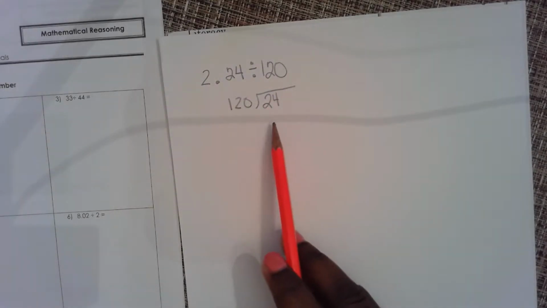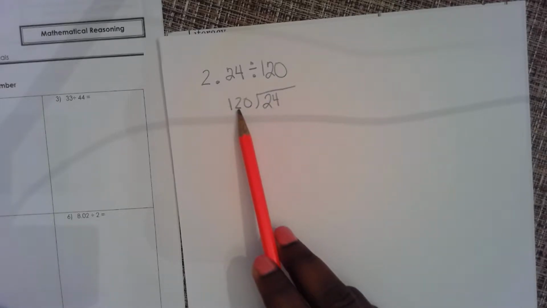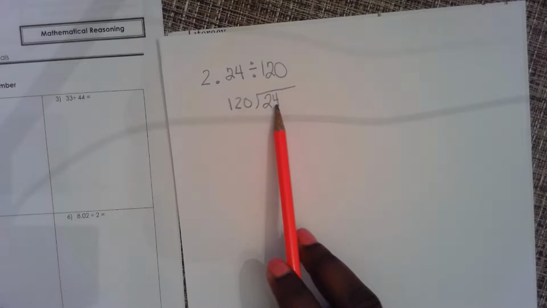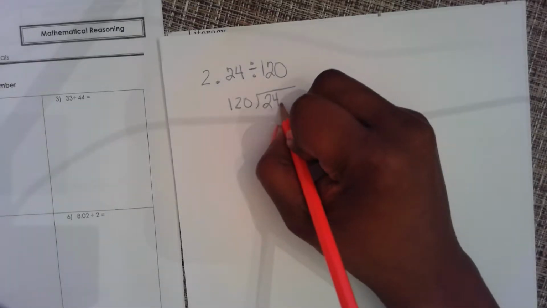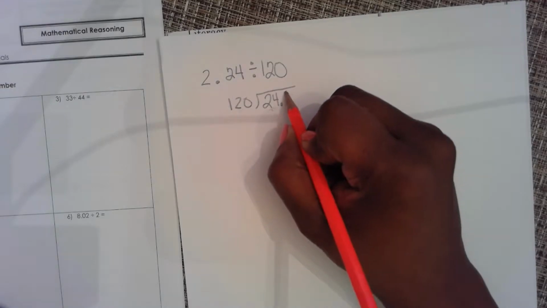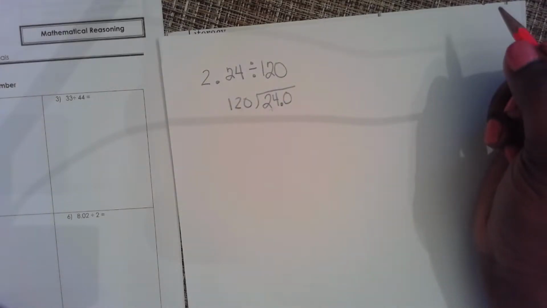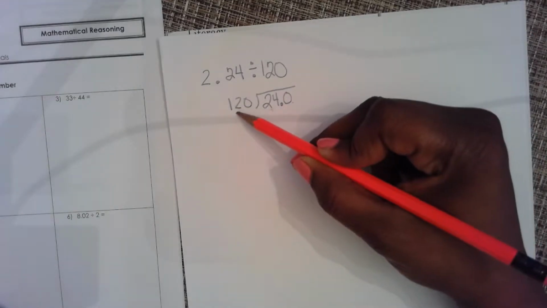Now looking at this problem, you should already see that you cannot make groups of 120 out of only 24, whatever that 24 represents. So what you have to do is place your decimal and add a 0 in order to make this 24 a number that can actually be divided into 120.